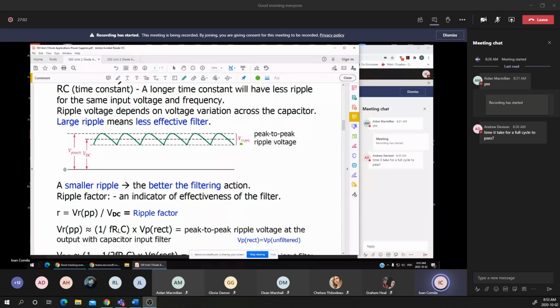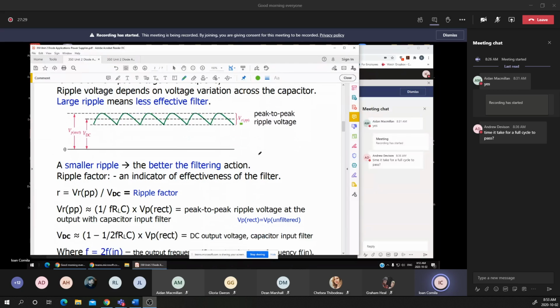Now that's the peak rectified voltage. That's the maximum voltage, or the peak voltage rectified, when there is no capacitor connected into the circuit. That's much easier to understand, the quantities: the VDC with the capacitor, the VP rectified without the capacitor, and the Vr,pp.